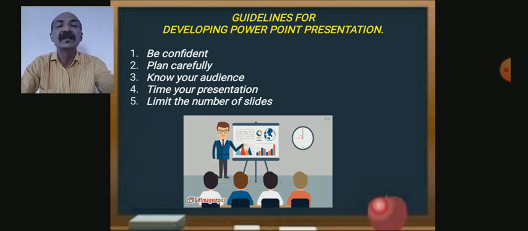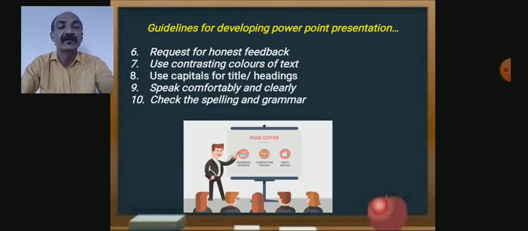Fifth point is that limit the number of slides. If you are preparing your presentation with 50 slides, 60 slides, then certainly your audience will get bored. So there should be a limitation of the slides, and according to that you have to prepare your presentation. Then sixth point is that request for honest feedback.